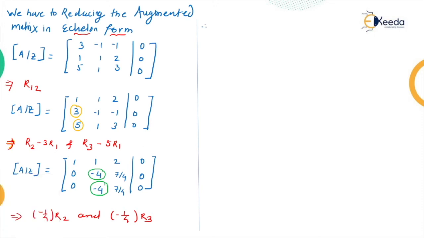So the augmented matrix [A|0] is equal to: nothing changes in the first row, 1 1 2 and 0. But the second row changes, as it is multiplied by -1/4.